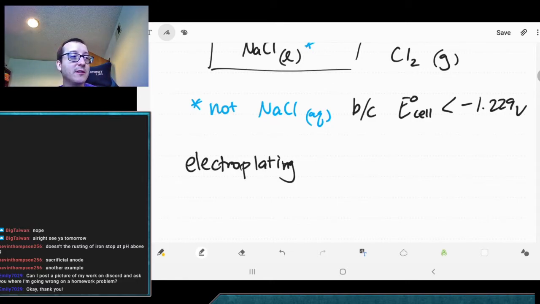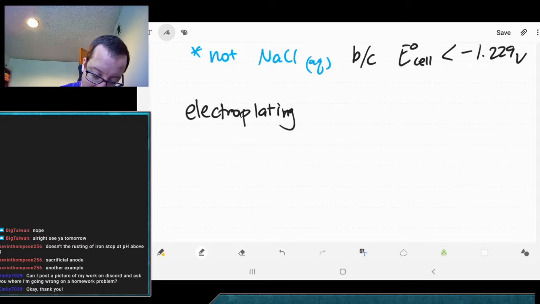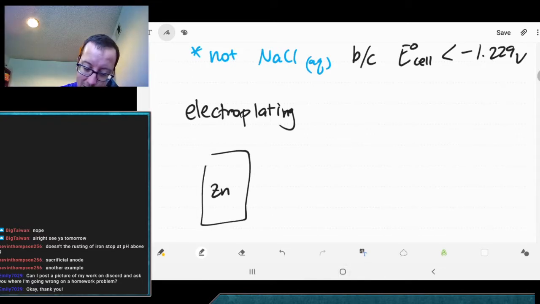So sometimes we want to plate a metal with another metal, either for aesthetic reasons, we like the color of it, or it's a corrosion protection idea. So if we have our zinc electrode here, we have some iron object, whatever we want to plate with the zinc.